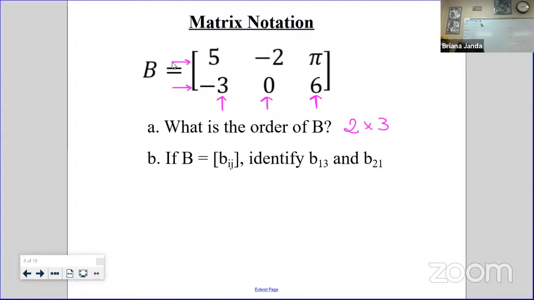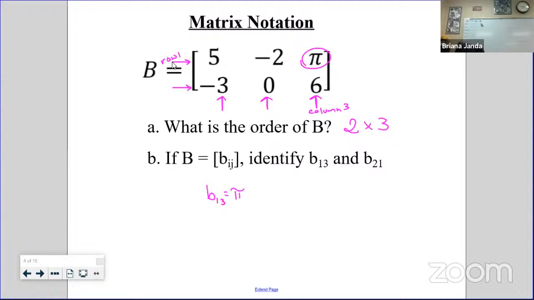So we would have a 2 by 3 matrix. And then again, if we're calling this matrix B and it's i by j, identify what the element is in 1, 3. Remember that is the same way that we do our order. So it would be row 1, which would be here, column 3. So row 1, column 3, B 1, 3 would be pi.